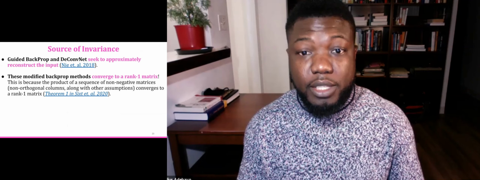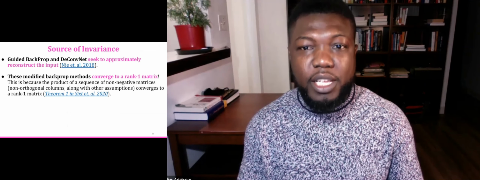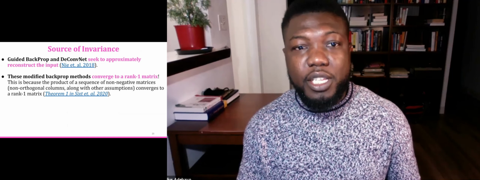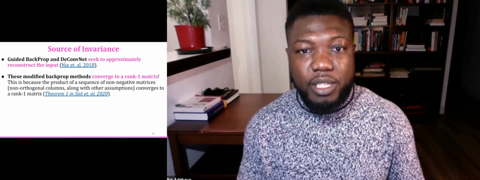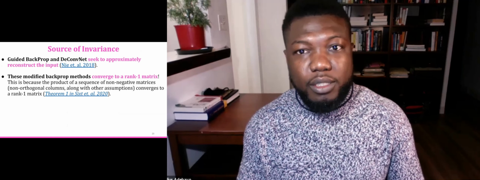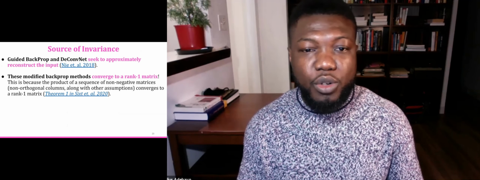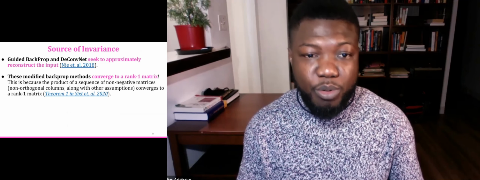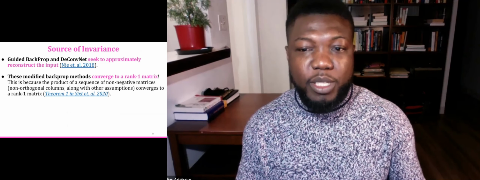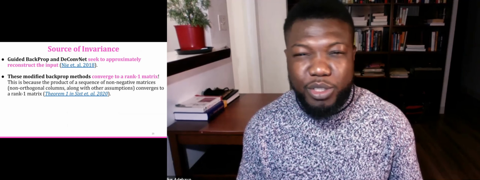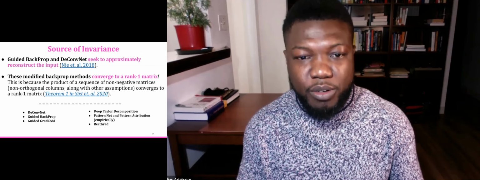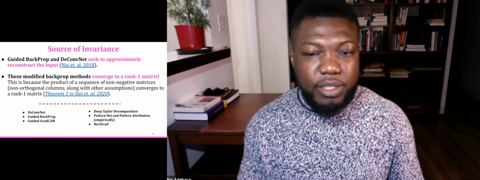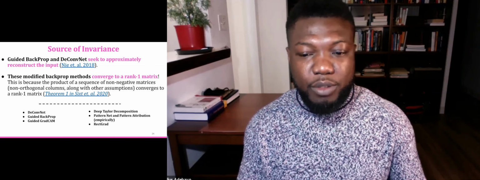Initially, Nie et al. in an ICML paper in 2018 showed that guided backprop and DeconvNet essentially partially approximate the input. And in the recent work of Sixt et al., they showed that these modified backpropagation methods essentially produce outputs that converge to a rank-1 matrix, which explains the invariance that we observe to the higher level weights. The methods that fall under this category are shown here.